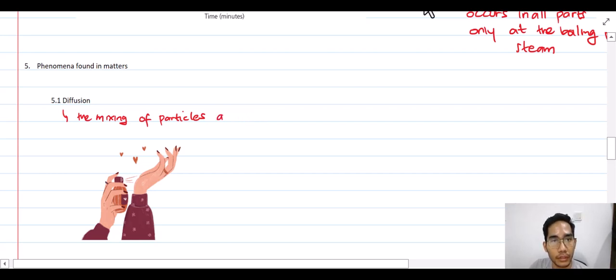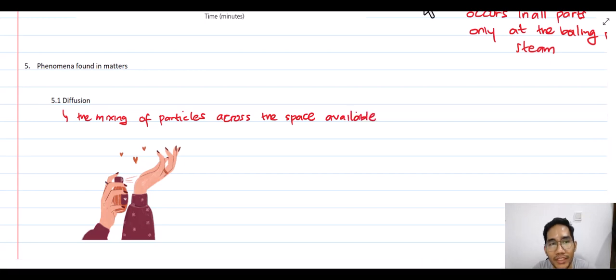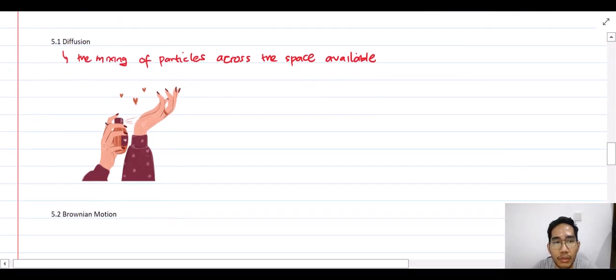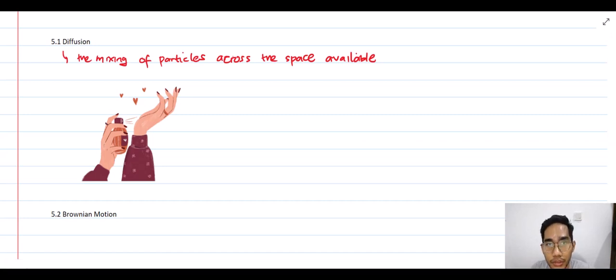Particles across the space available. What is happening here? What caused the diffusion, really? So the diffusion is caused because particles are always in constant motion.